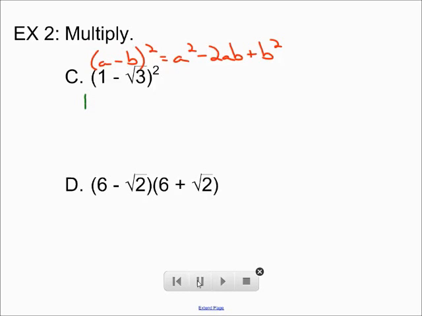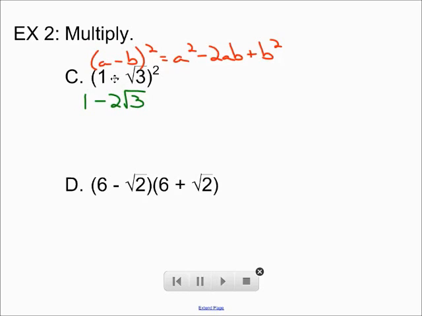which is 1. And then in the middle, you've got double the product of the two terms. 1 times negative square root of 3 is negative square root of 3. Doubled would be negative 2 times the square root of 3. And then lastly, we should be able to square the second term. So square root of 3 times the square root of 3 is 3.